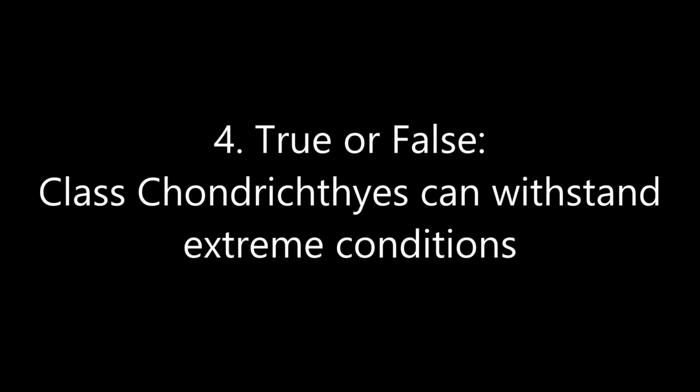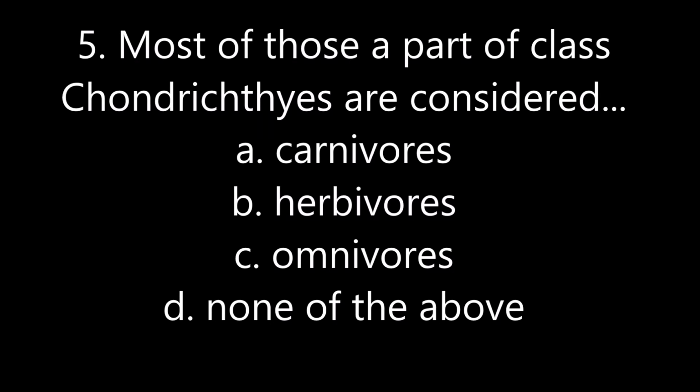The answer is false. Number 5. Most of those a part of class Chondrichthyes are considered A. Carnivores, B. Herbivores, C. Omnivores, or D. None of the above. The answer is A. Carnivores.